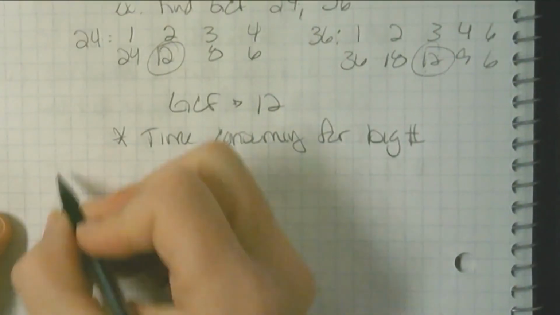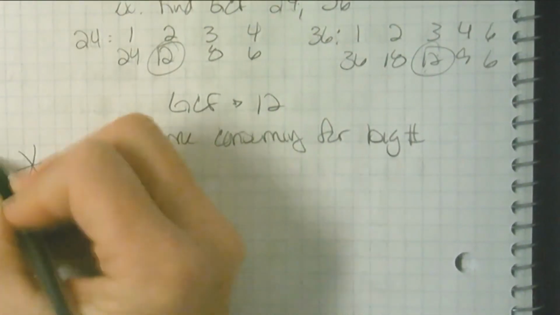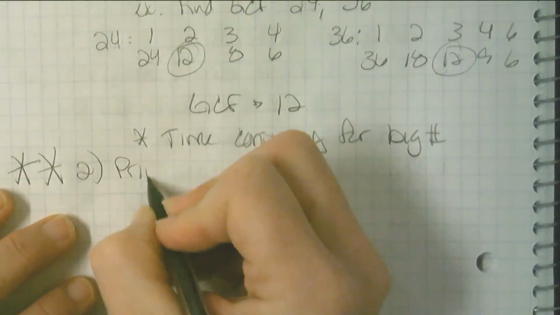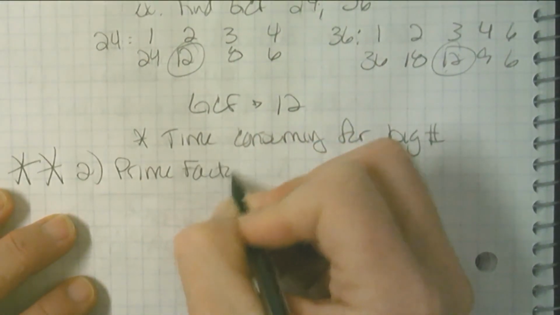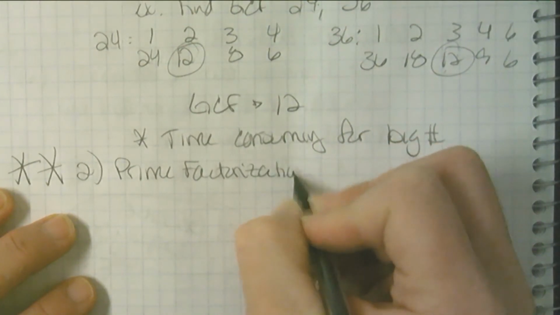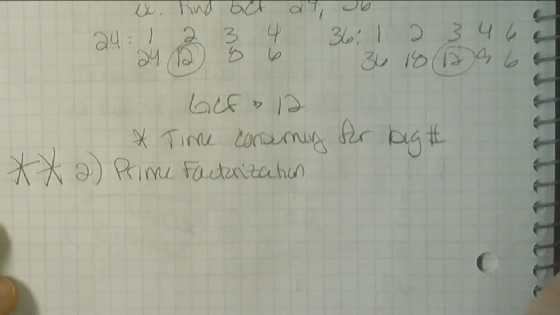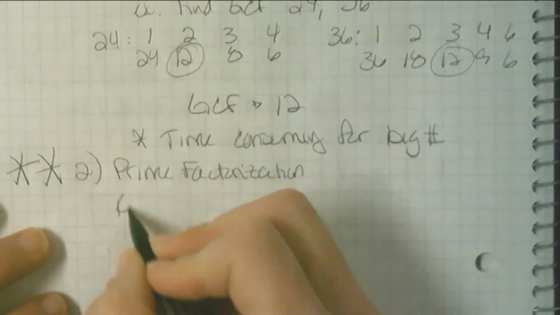All right, so what we're going to be focusing on, and this is what you must do, it's a requirement, is prime factorization. So we're going to use prime factorization. This is our required method.